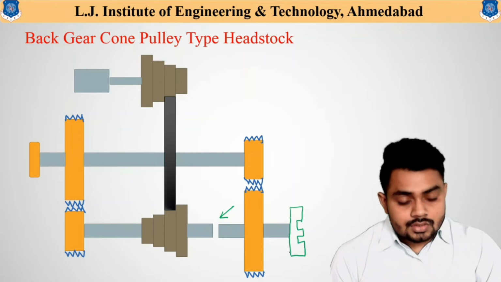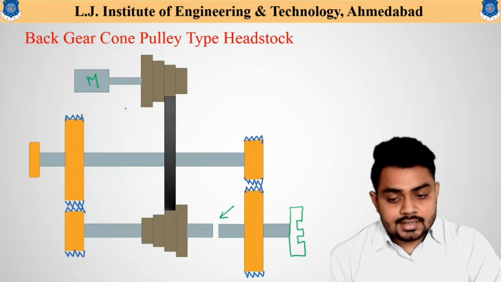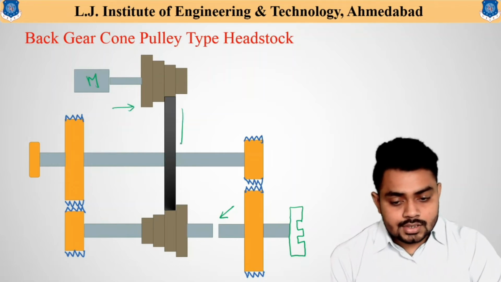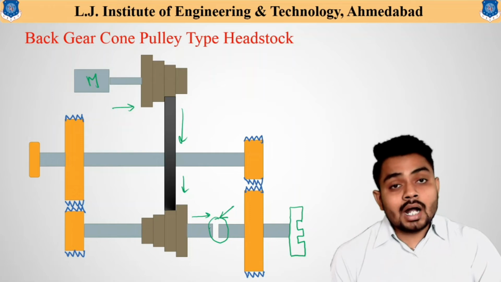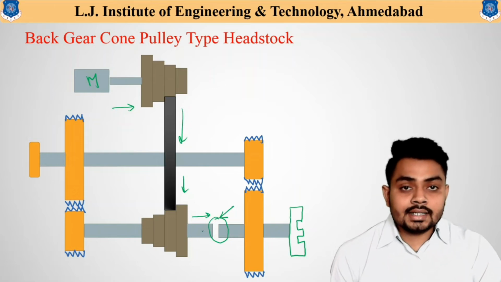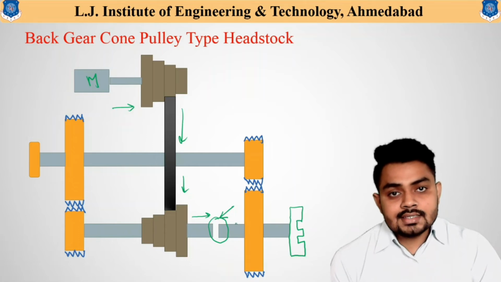If you see now, from the motor the power is transmitted through this cone pulley, but here these two shafts are not attached. That means the power cannot be transmitted directly to the spindle, and for that a different arrangement is available.